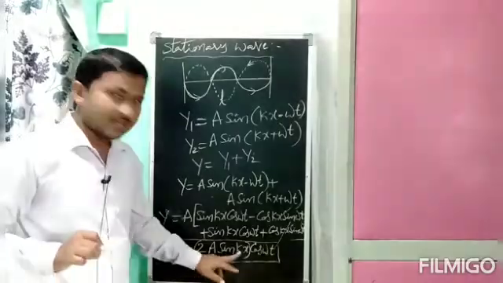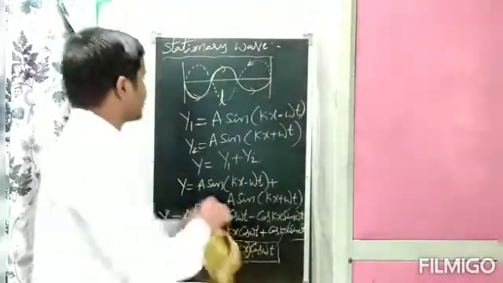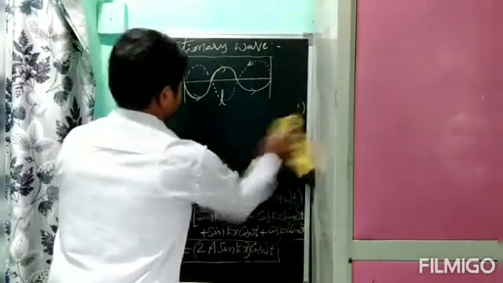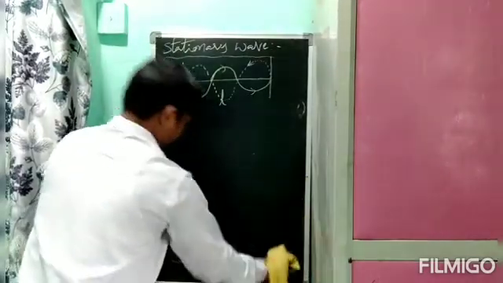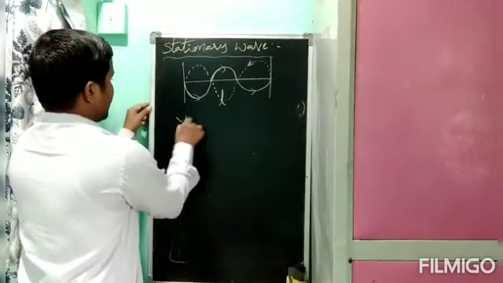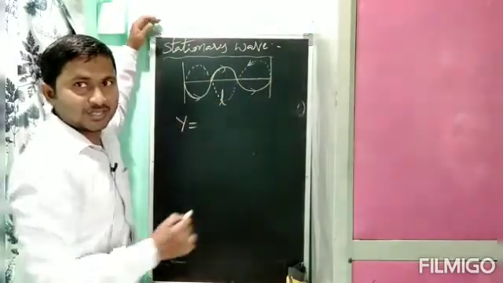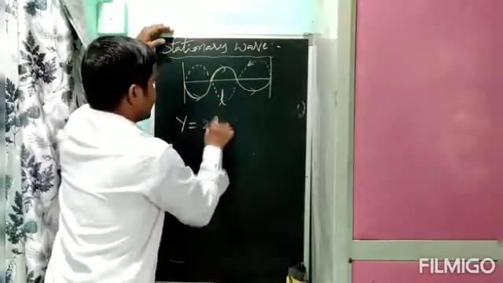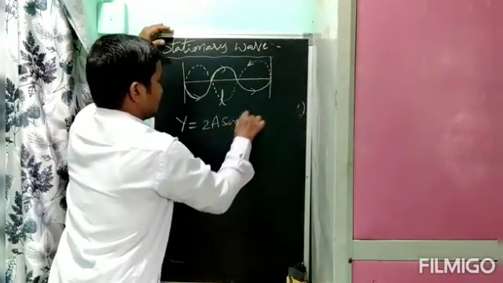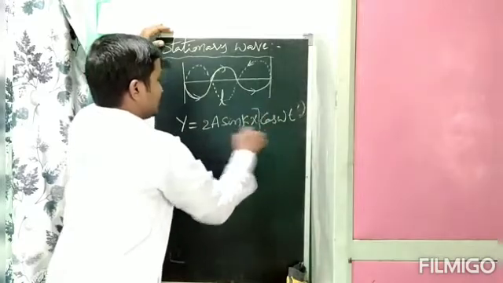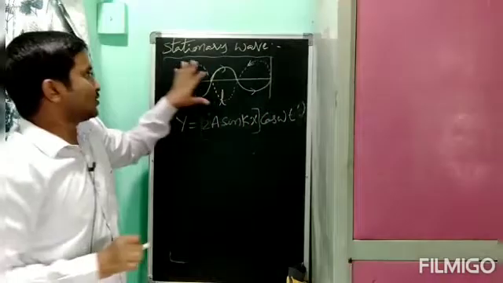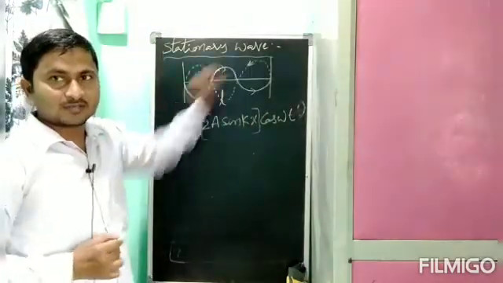Here 2a sin kx is the amplitude of this resultant wave.